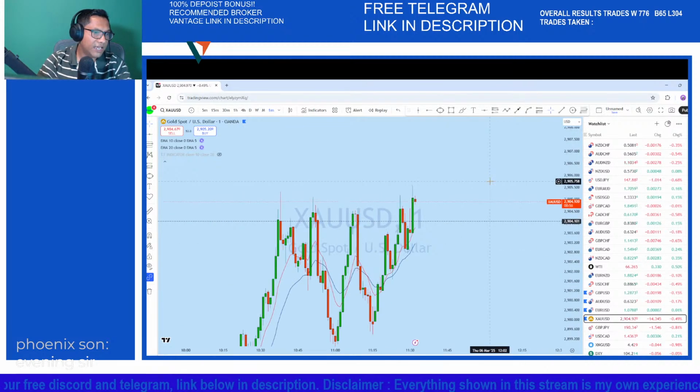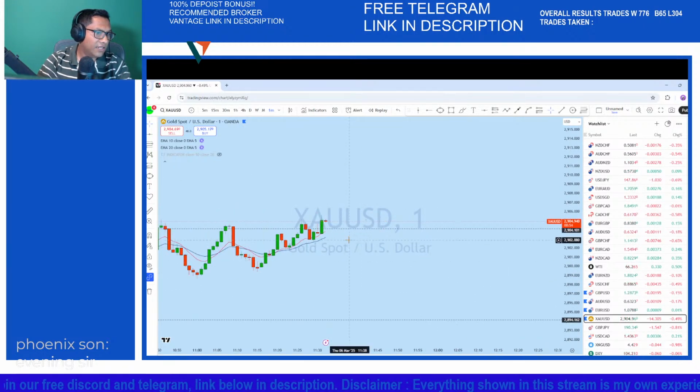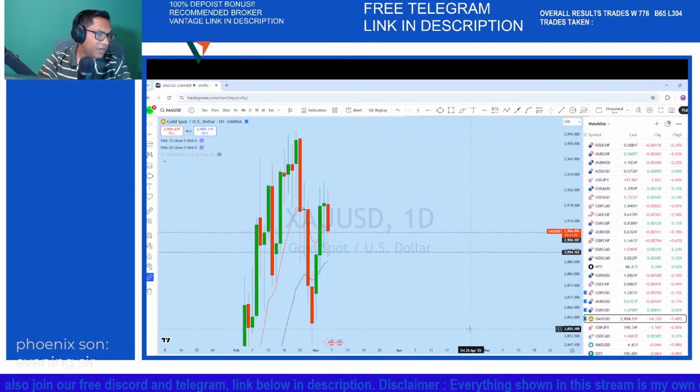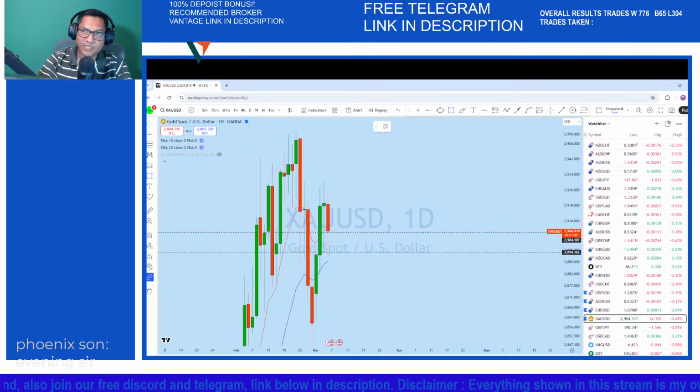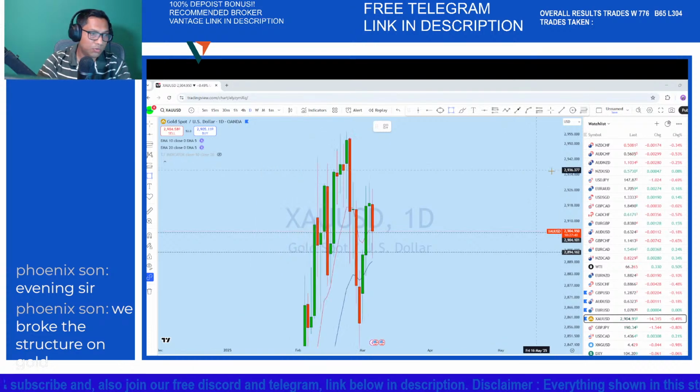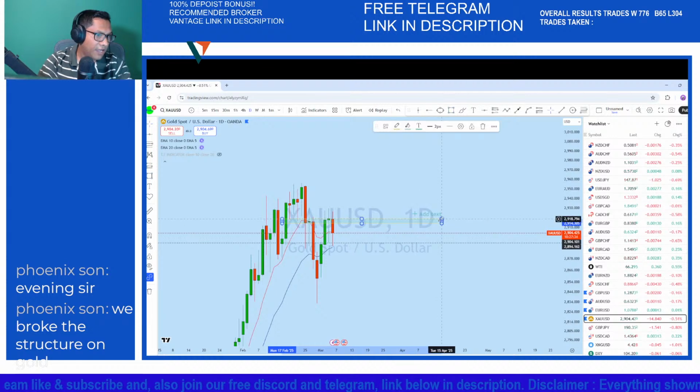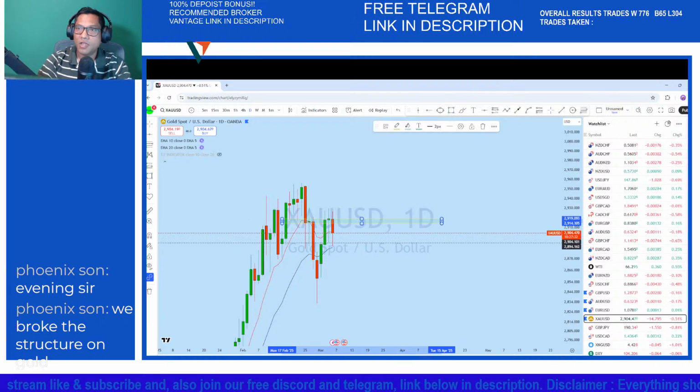I would like to see where we can find entry. At the moment we can see it's just trying to break to the upside after breaking the daily low, and I think the price may continue to rise towards the upside here to the daily resistance line, which is possible to happen. And let's look to see where the market might be heading. I think we might see some upside here.